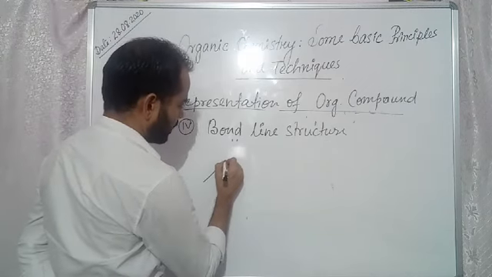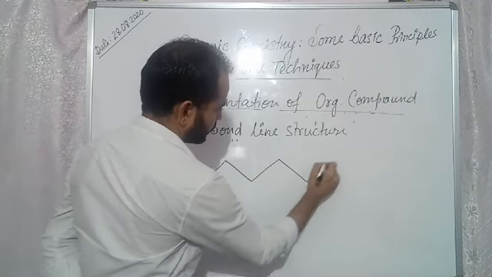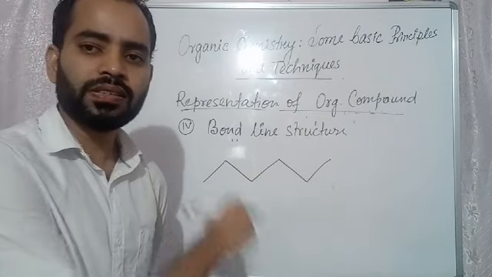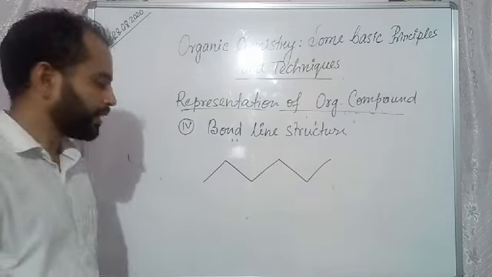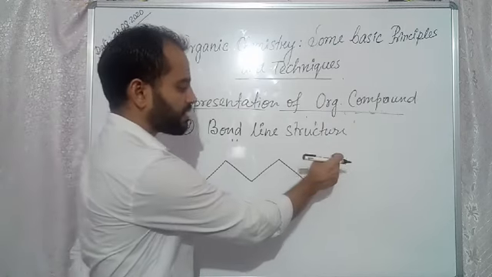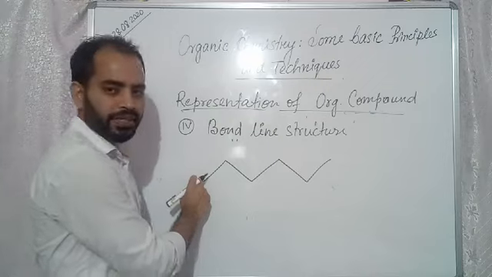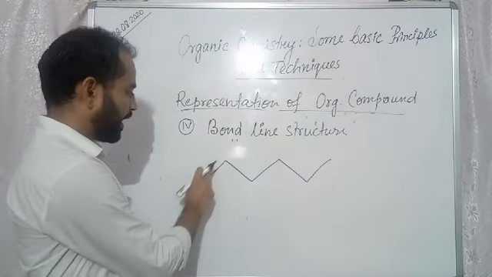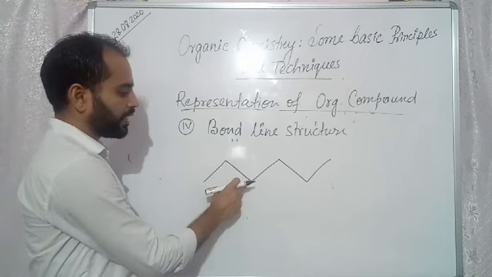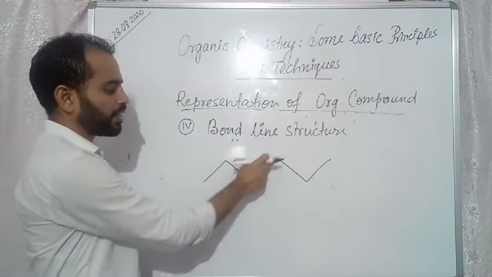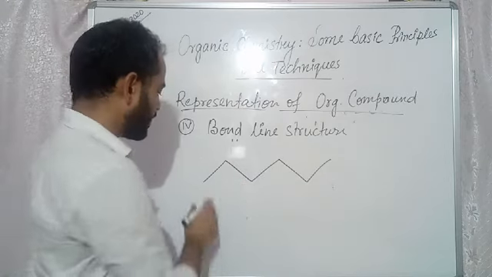One more example. So you can easily say what is the name of this compound. That means the terminal carbon, if there is nothing is written, that means it represents one CH3 group. And in between, if there is no double bond, so each point angle represents one CH2 group.